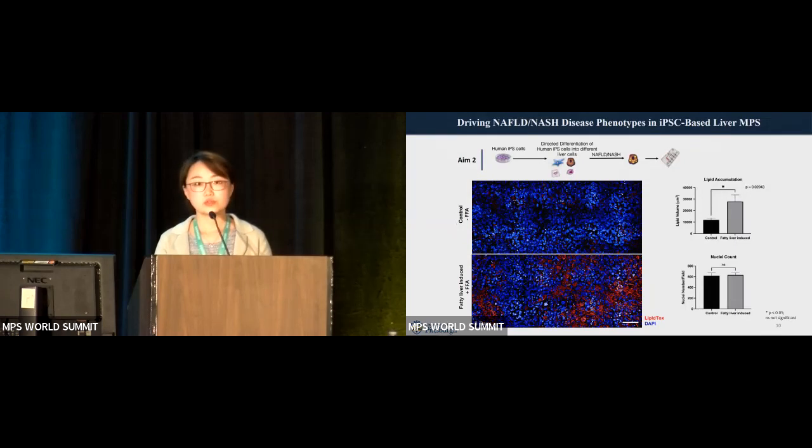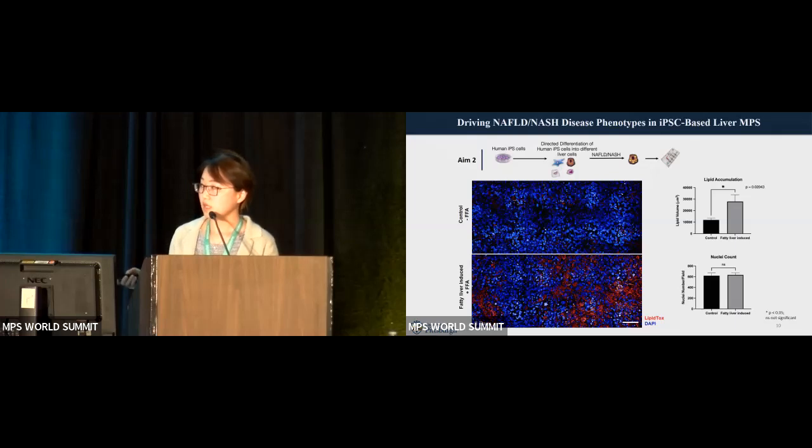Meanwhile, we also developed disease media to induce fatty liver in our model, and the fatty liver disease is induced by the addition of free fatty acid. Compared to the control group, we see a significantly increased lipid content here.